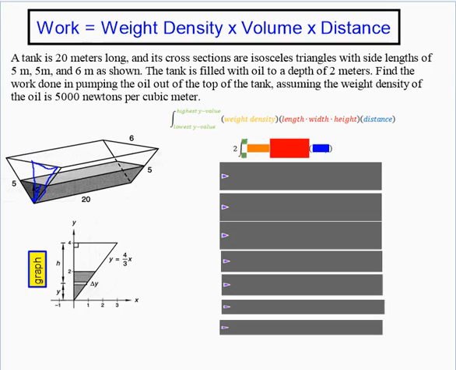Still not very well, but this triangle is, this whole length is 6, so this is a 3. We know this length here is 5, and so what we actually need here is this height.